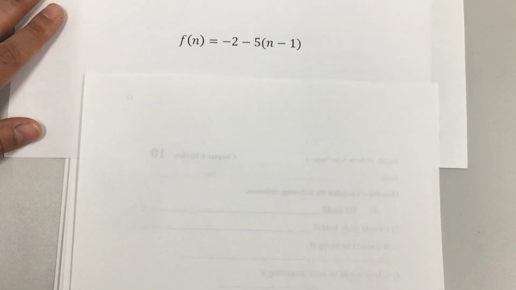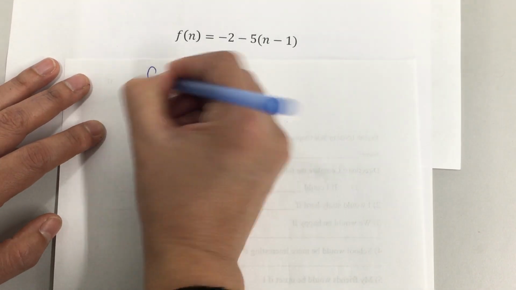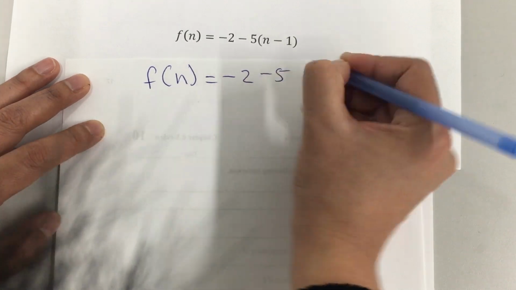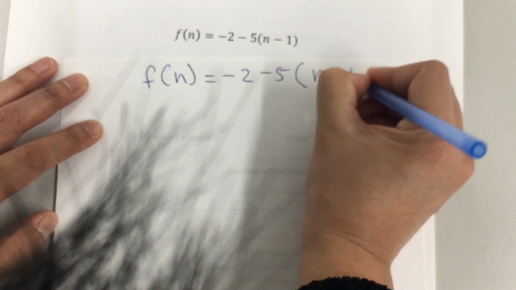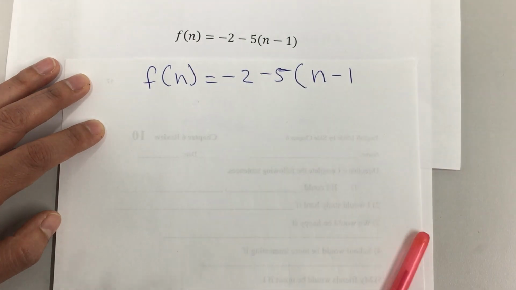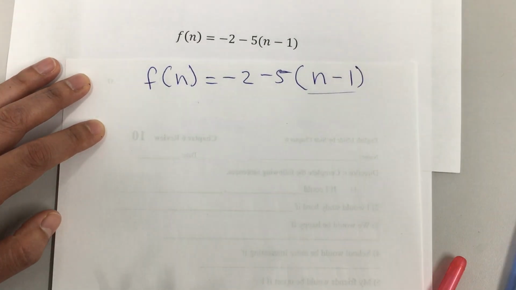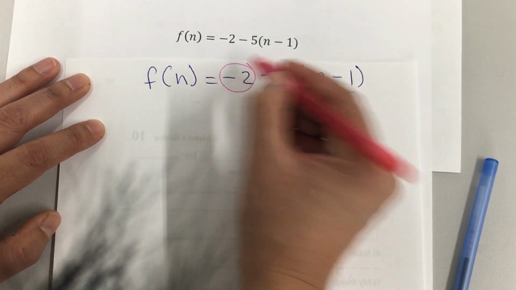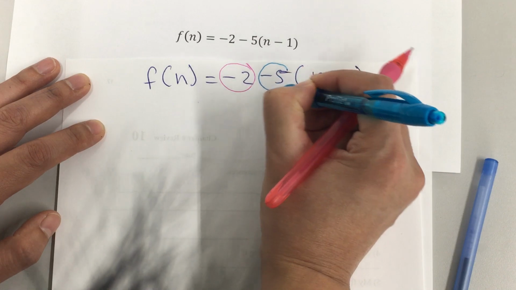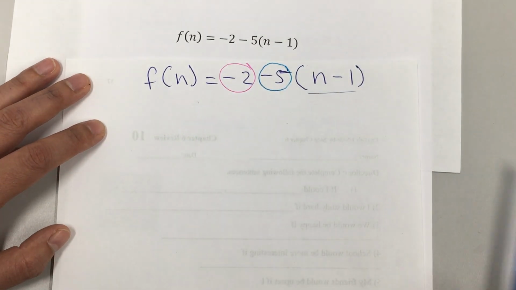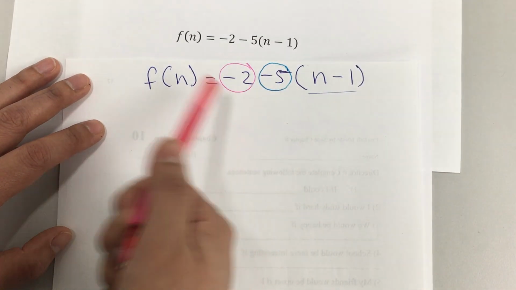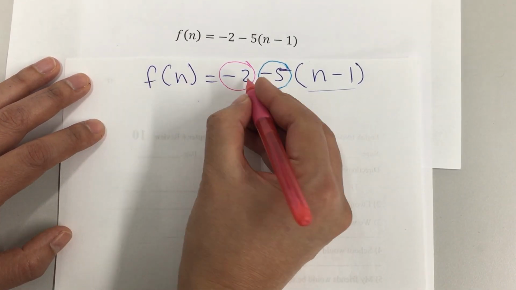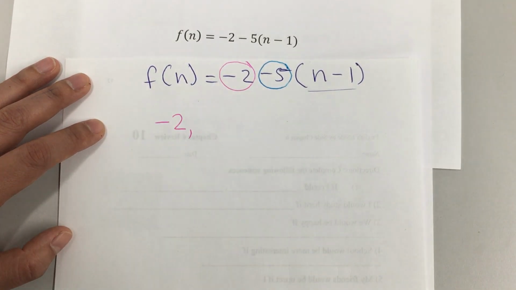For the second one, my formula is f of n equals negative 2 minus 5 times n minus 1. In here, I have the n minus 1, which is part of the explicit formula. That shows me that this is my initial point and this is my common difference, or pattern. So you can do f of 1, f of 2, f of 3, or you can just say my first term is negative 2.